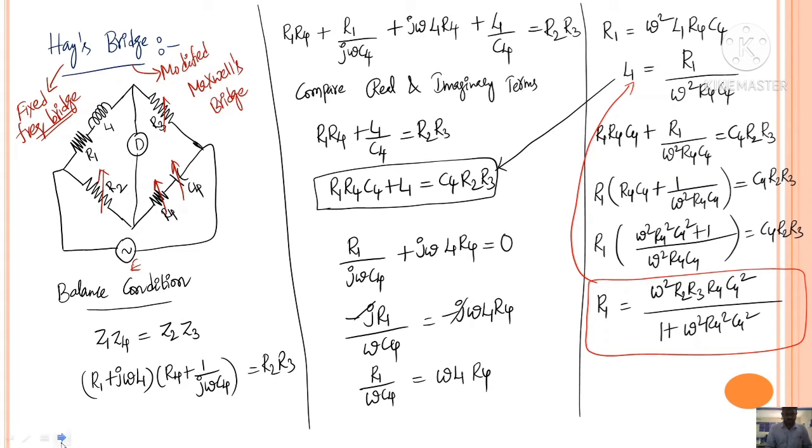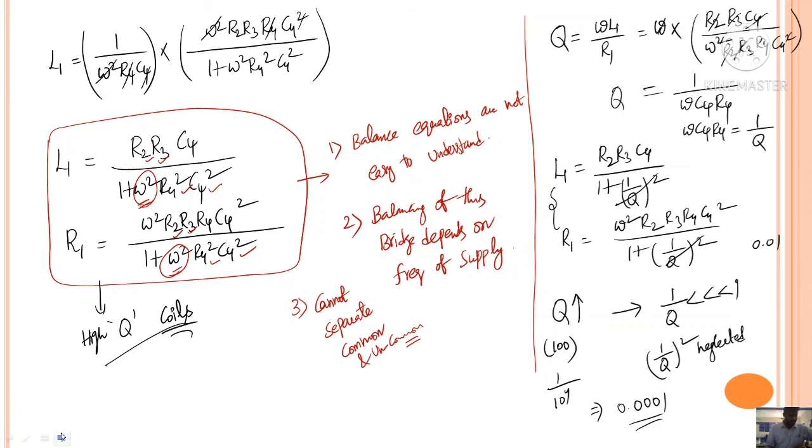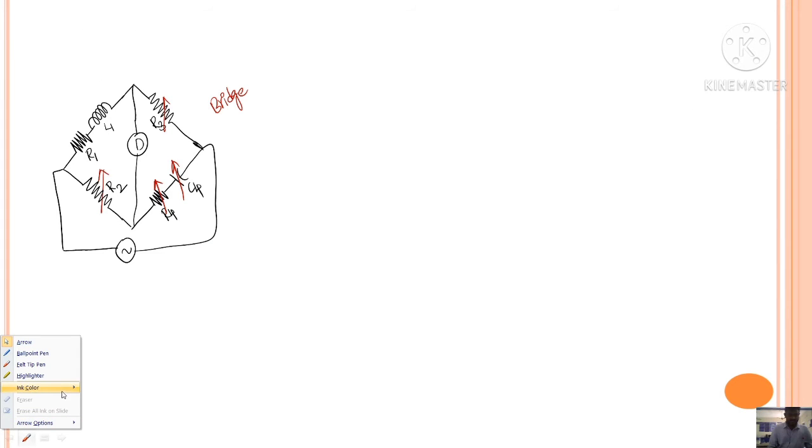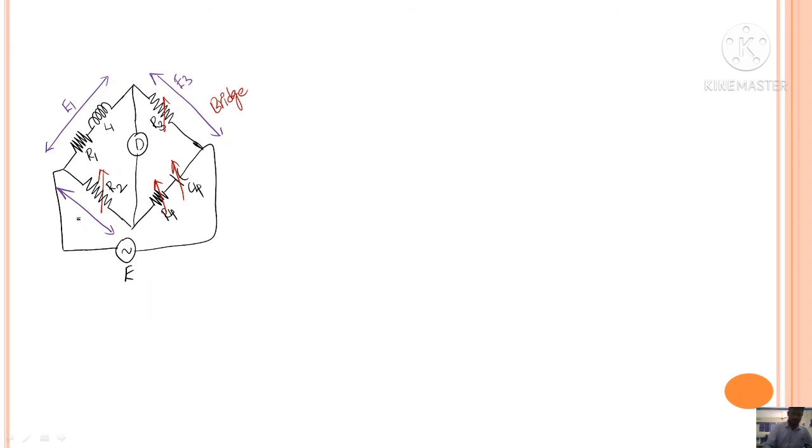And in addition to that, we must draw the phasor diagram. This is the Hay's bridge for which now we want to draw the phasor diagram. So before doing that, let me consider these as the voltages. Consider this voltage as E1, and this voltage as E3. Consider this voltage as E2, and this voltage as E4.